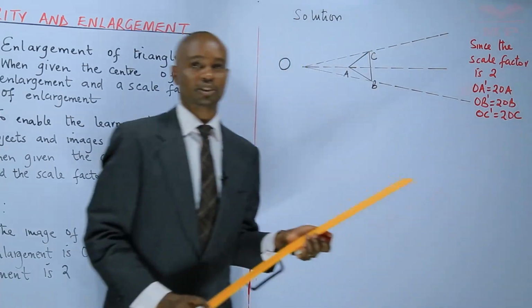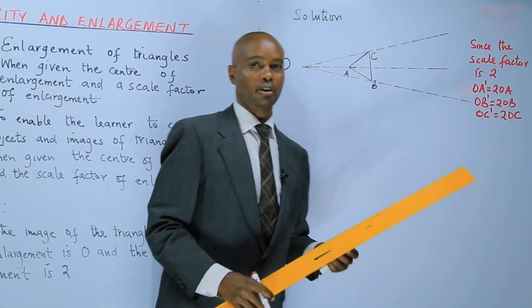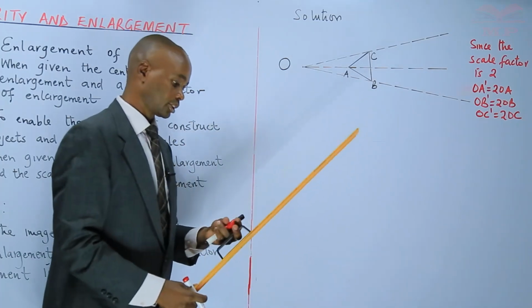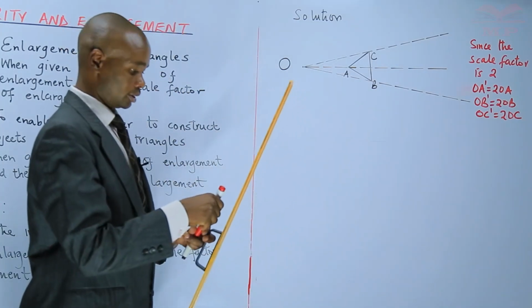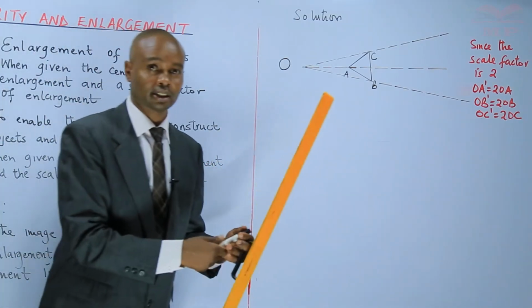That is what happens. The image distance will be twice the object distance. So I'll go straight to getting the images.